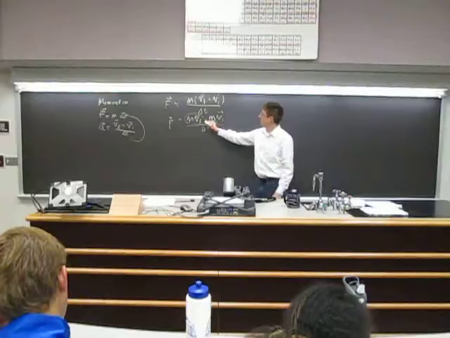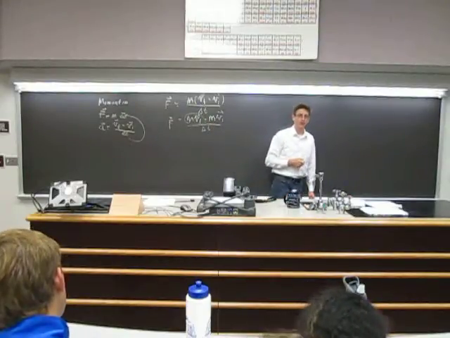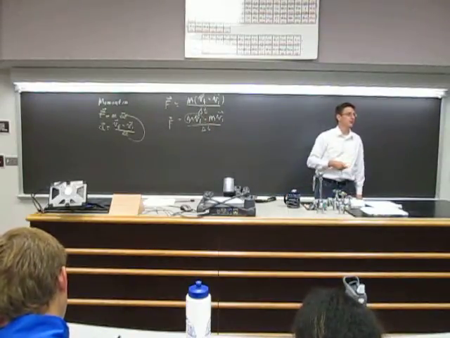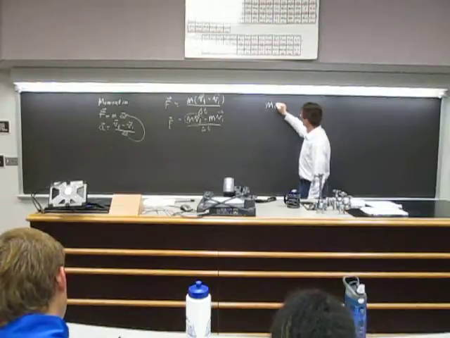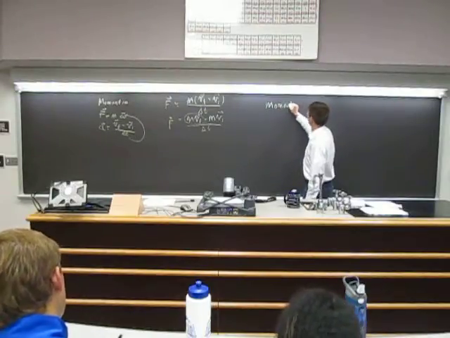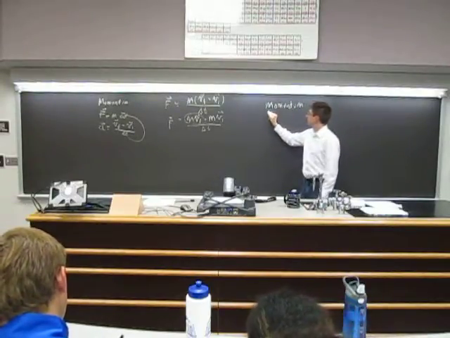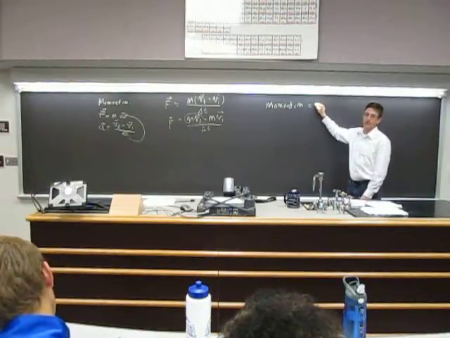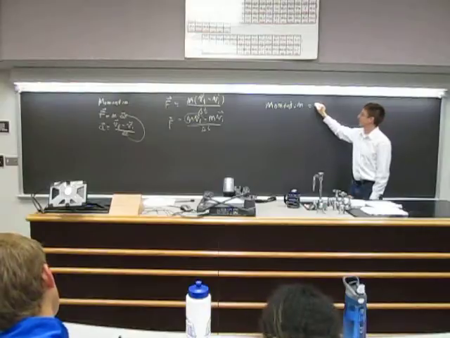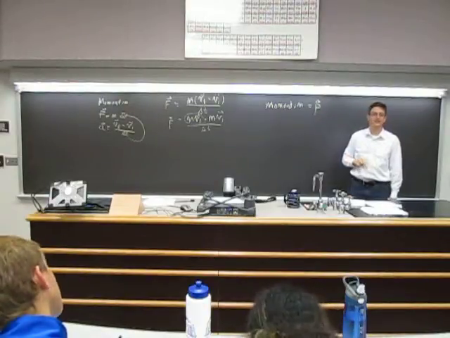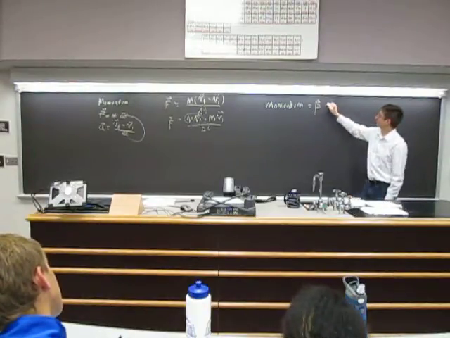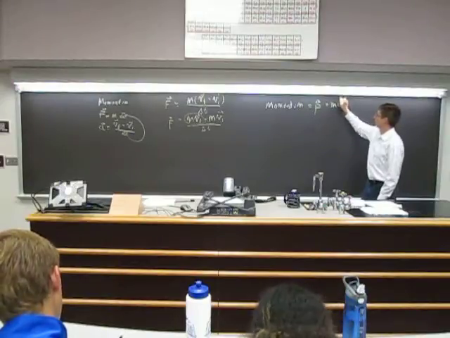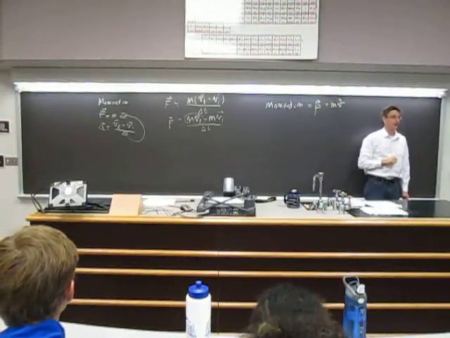This quantity mv is actually called the momentum of the object. So momentum, which is symbolized with something that makes good sense, P, with a vector, is mass times velocity of an object. Okay?